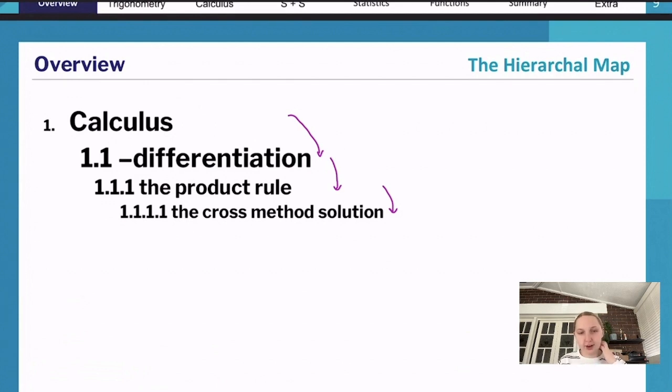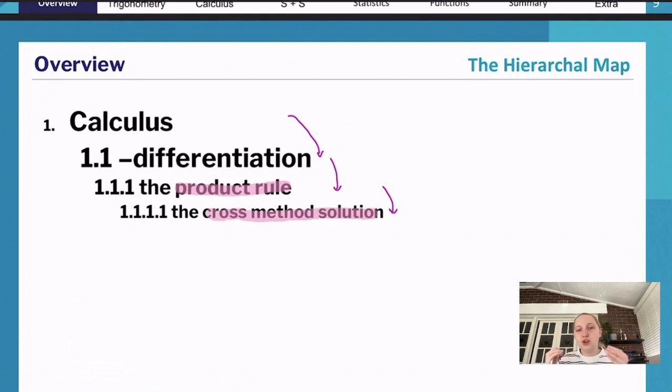So when you're looking at the hierarchical map, the further you get down, the more likely it is that that's what your questions are going to be targeting. What I mean by that is, when you've got calculus, your questions in your exams aren't going to target calculus as a whole. They're more so going to look at the product rule or the cross method solution, right?